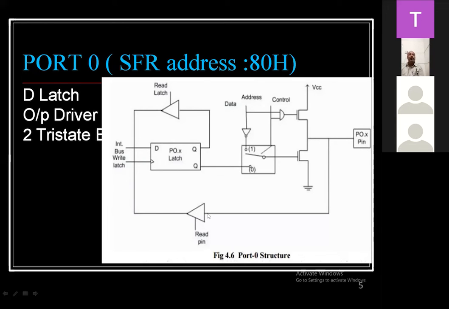So the main work is to pass the input to the output by inserting a delay or controlling by this particular pin. The alternate use of the buffer is to increase the current from the input to the output. At the input 5 volt, at the output also 5 volt.